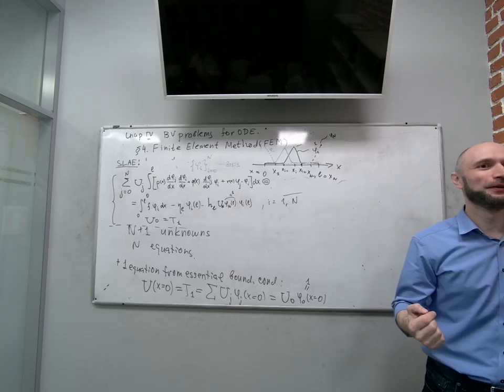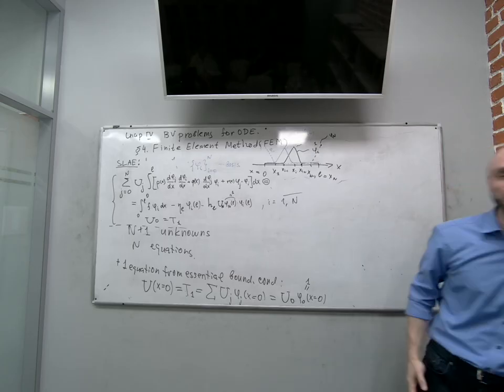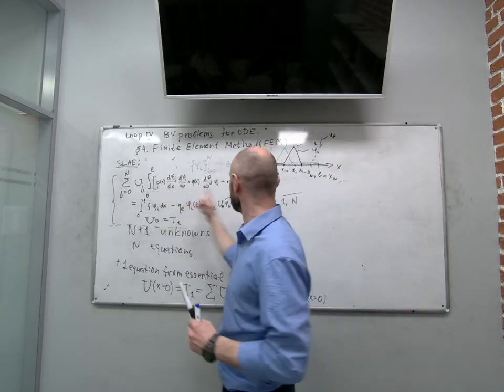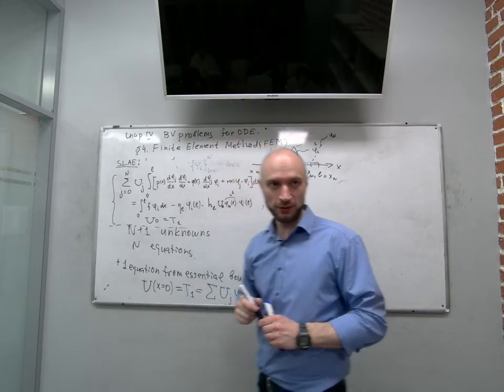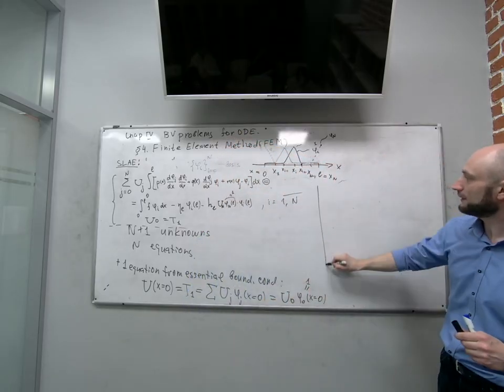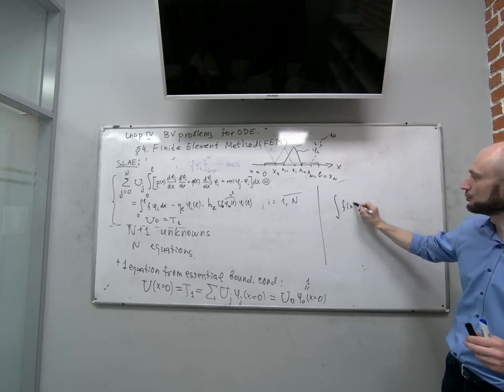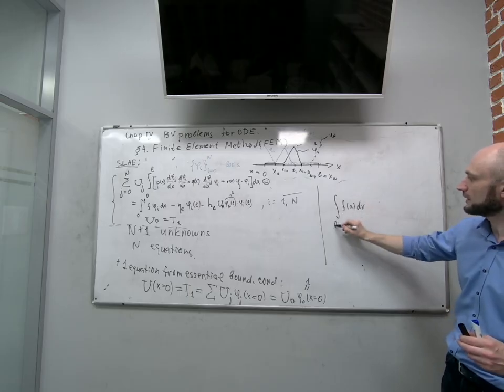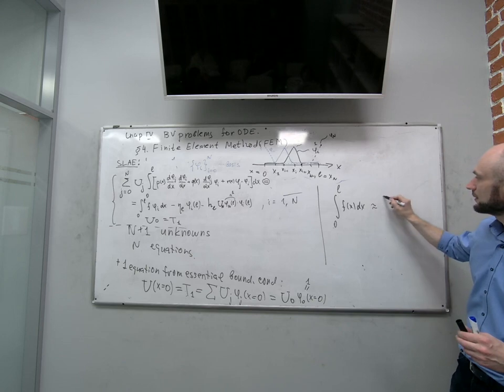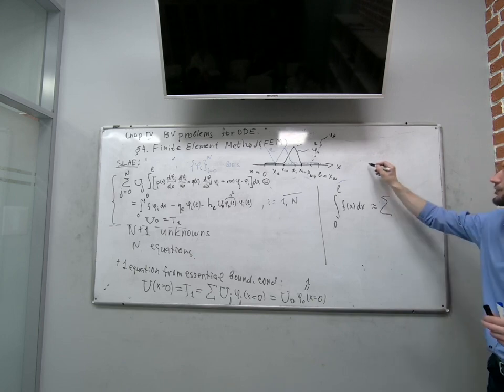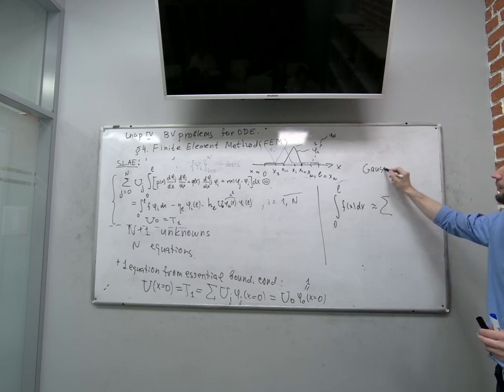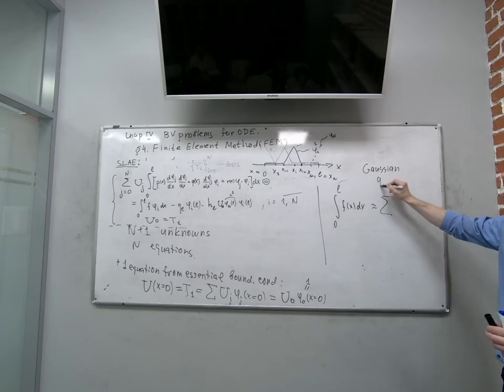But numerically? Numerically. Cool. So we calculate these integrals numerically. And in the context of the finite element method, the usual approach to take integrals is to use Gaussian quadratures.